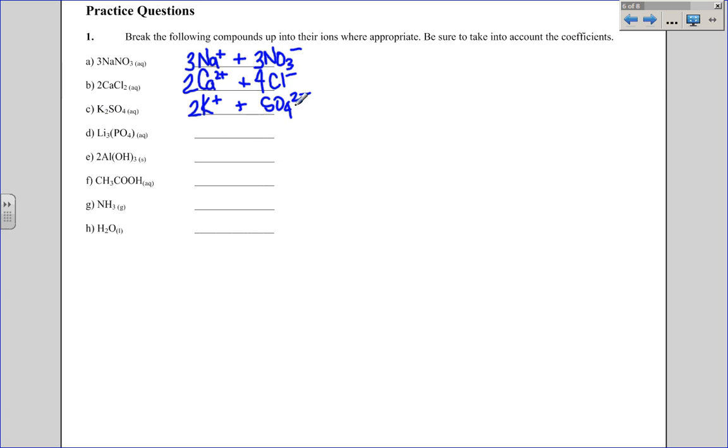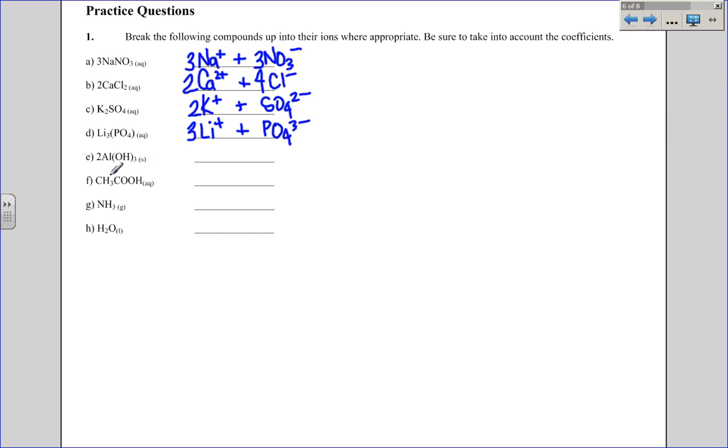You can see why knowing your polyatomic ions is really helpful for doing this, because you can really confidently break up the ions and know their charges. This next one here, lithium phosphate. So lithium phosphate breaks up into lithium plus and PO4 3 minus. There are 3 lithium ions and 1 phosphate ion.